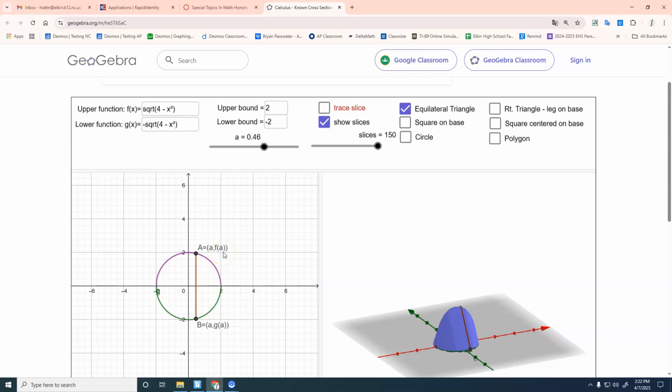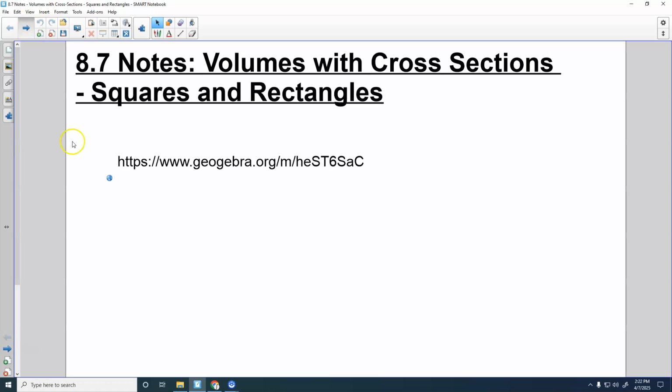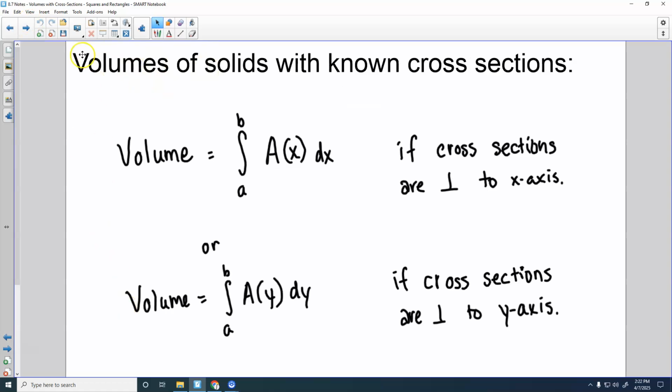So what we'll be doing in this section is learning how to find the volume of these things. So let's do a problem. Okay. Actually, first we got formulas. All right. So if we are going to find the volumes of solids with known cross sections, we are going to integrate the area function for the cross section that we know.